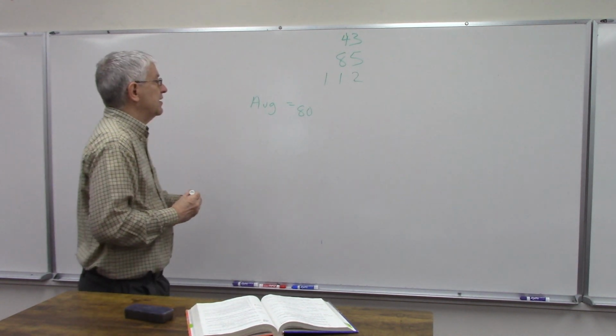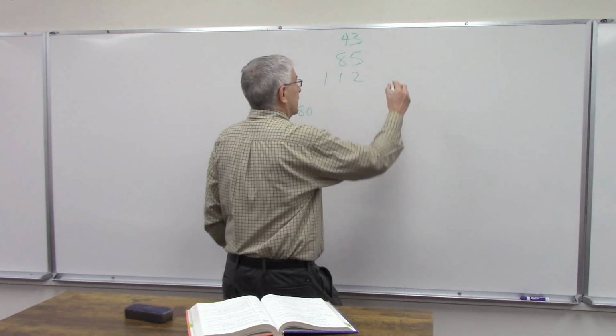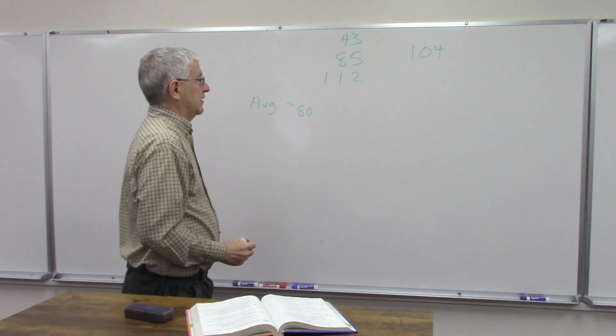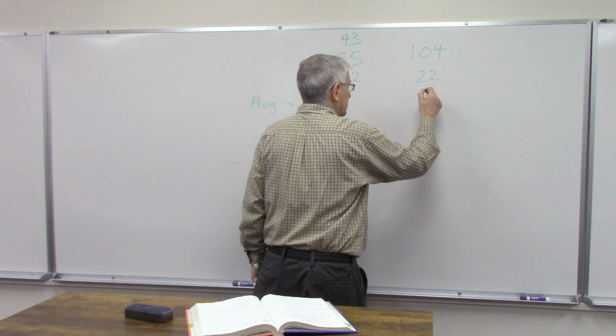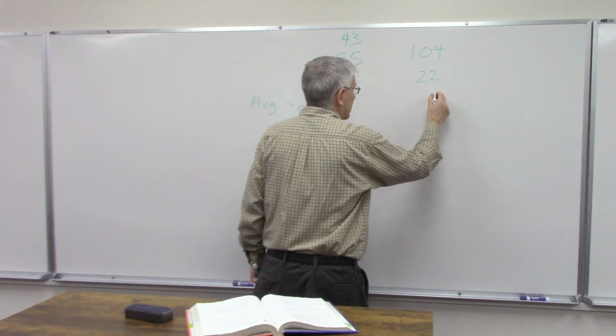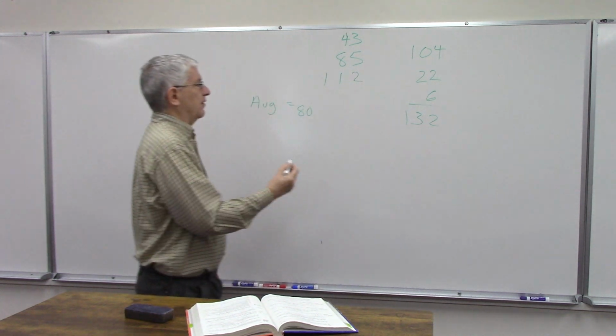And they played Boise State, and they had a really good running back. He ran for 104 yards or something like that. And the quarterback might have run for 22 yards, and another running back might have run for 6 yards.